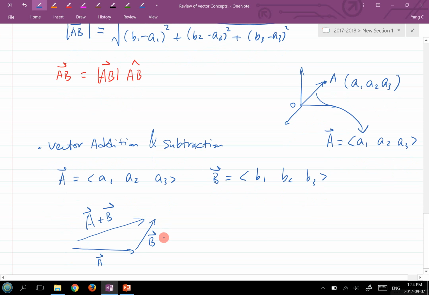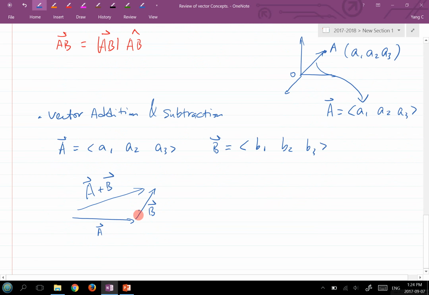That's simple addition. Of course, you can have a different way of drawing. If you draw it this way, where this is A and this is B, the way they're presented here now, it'll be A minus B. That's a subtraction.